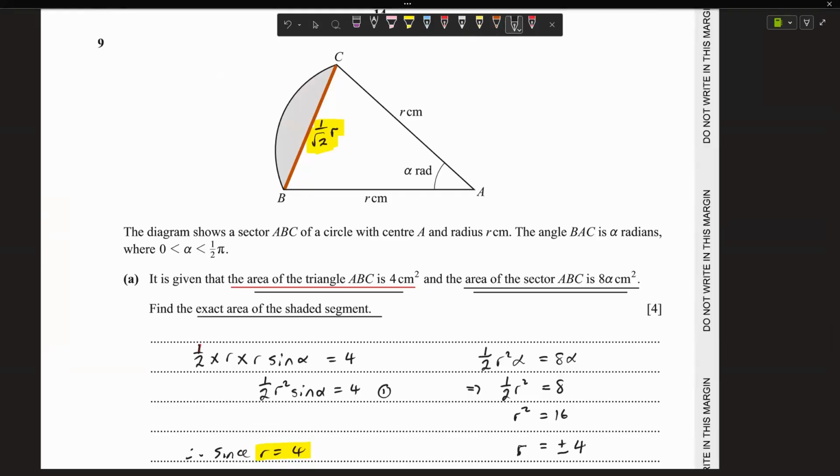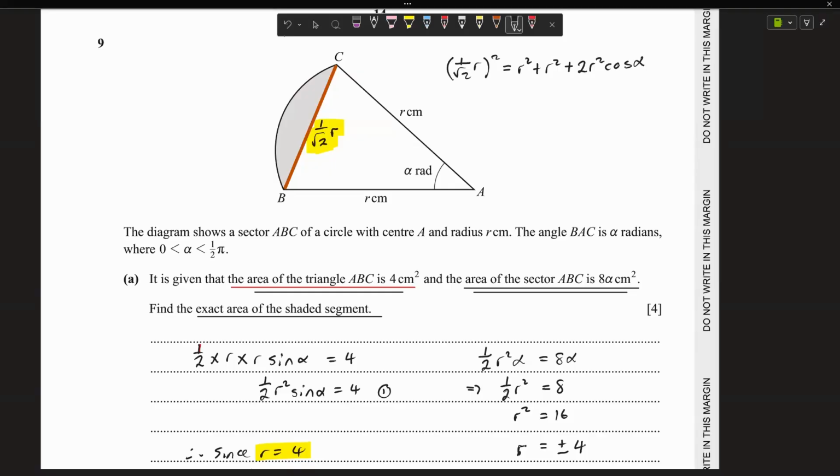The cosine rule here would say half R, 1 over root 2 R squared, should be equal to R squared plus R squared plus 2RR, which is 2R squared, cosine of alpha. So that's the cosine rule to find half the side BC.